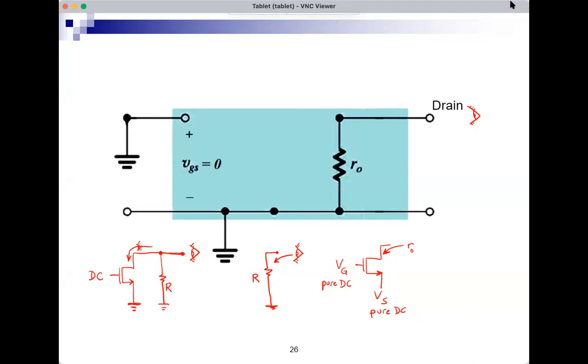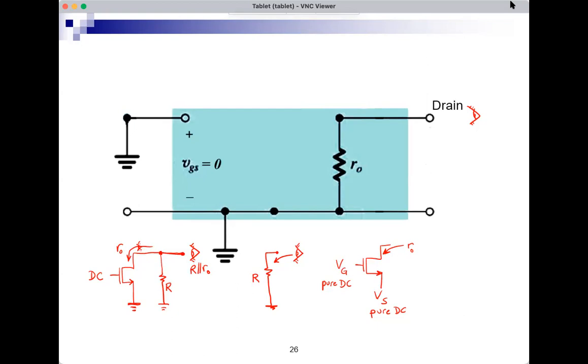According to the rule that we just came up with, it will definitely see small RO. This is a rule that we derived. So the big I will see R parallel RO.